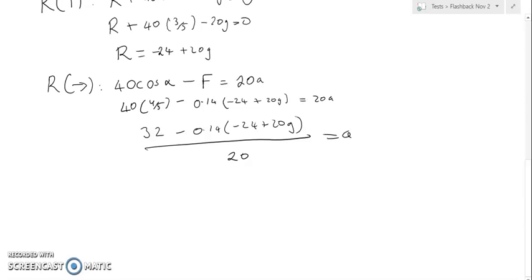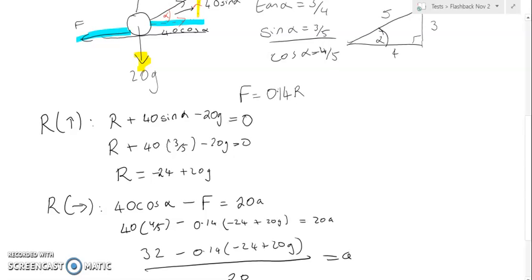Now I would put this into the calculator, and it gives me a equal to 0.396 meters per second squared, and we should give our answer to 2 significant figures, because we used 9.8. We should not go more than 2 significant figures when we've used 9.8. Just stick to 2 sig fig, and that's the acceleration in this question.